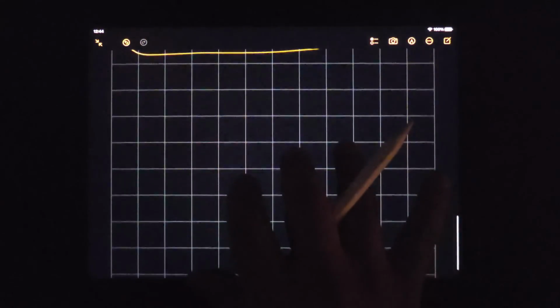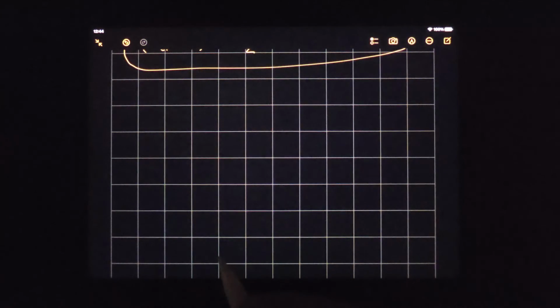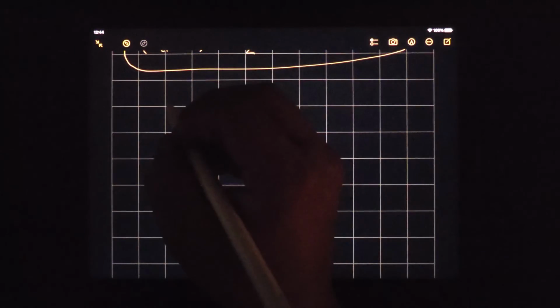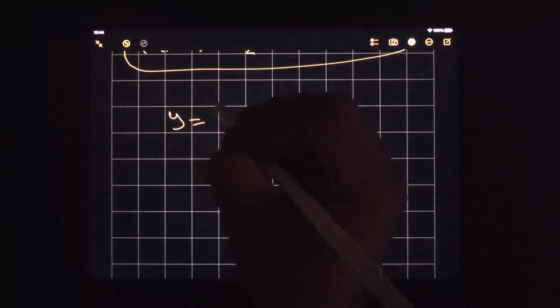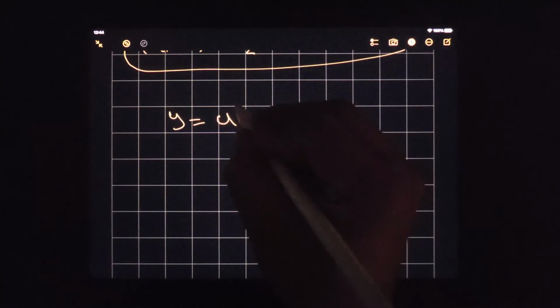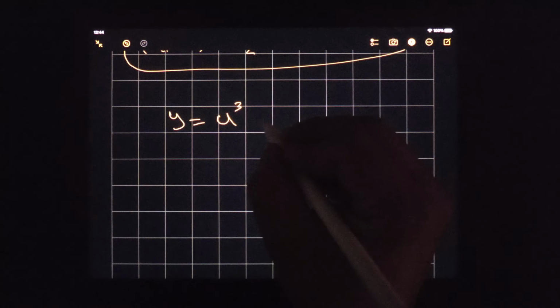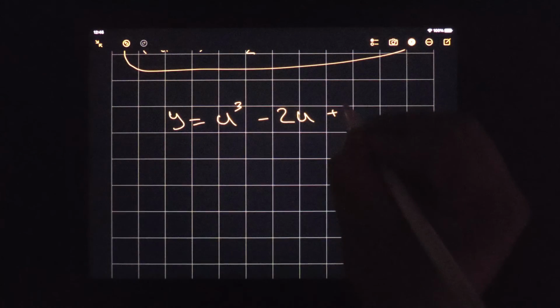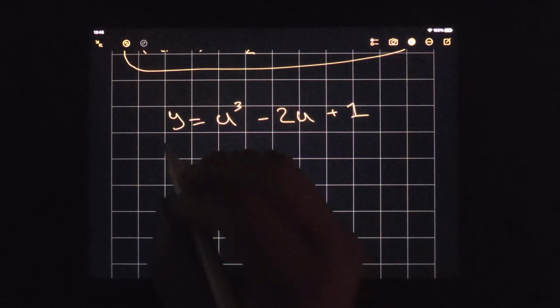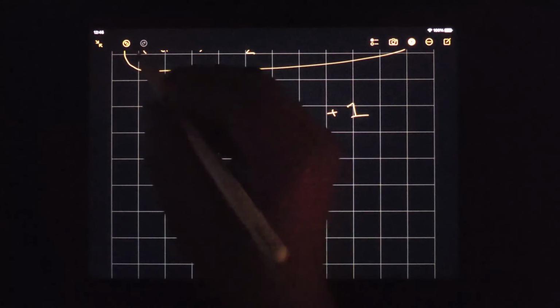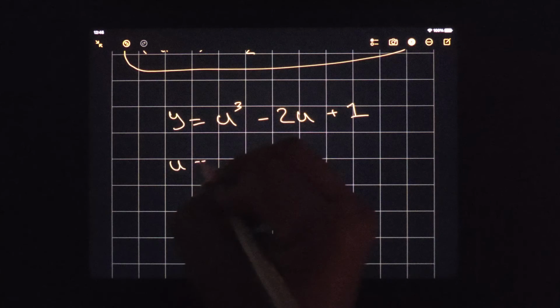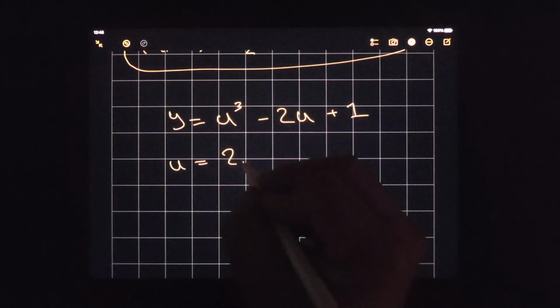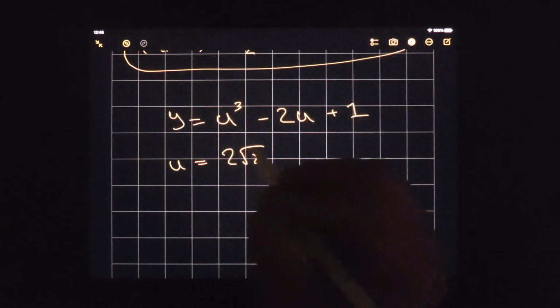So let's do another one. Let's try y equals u cubed minus 2u plus 1, but u is equal to 2 root x.